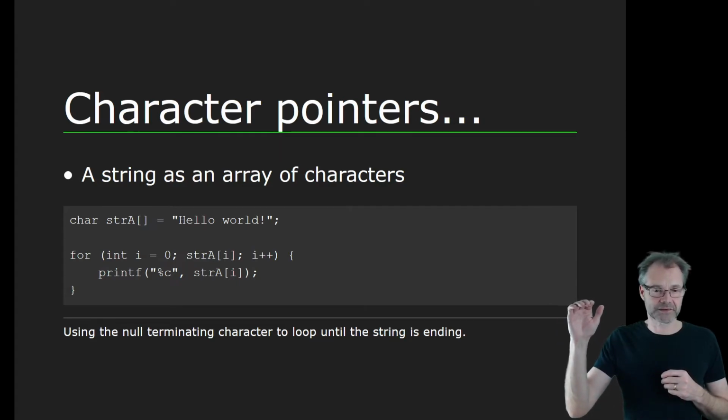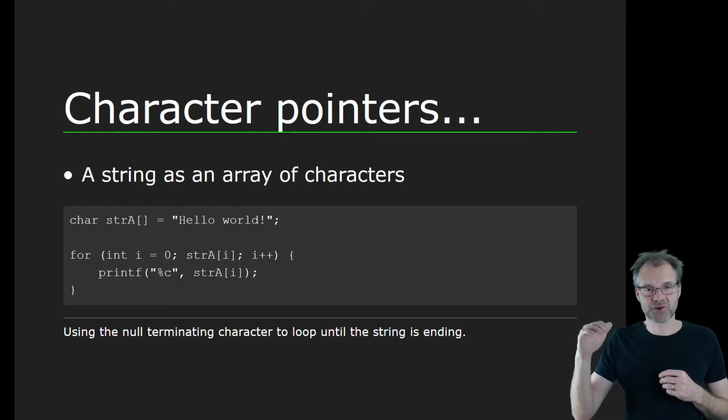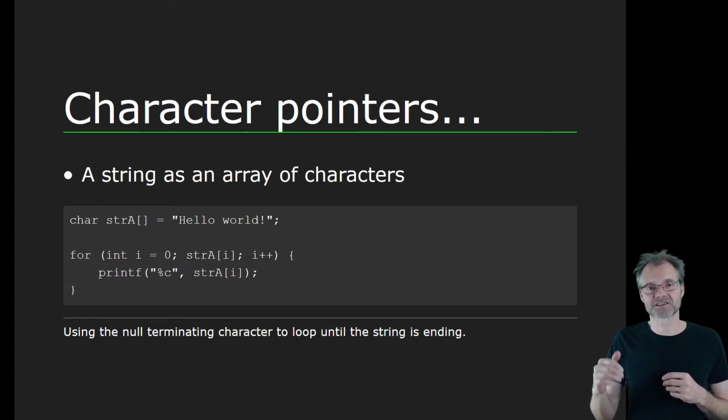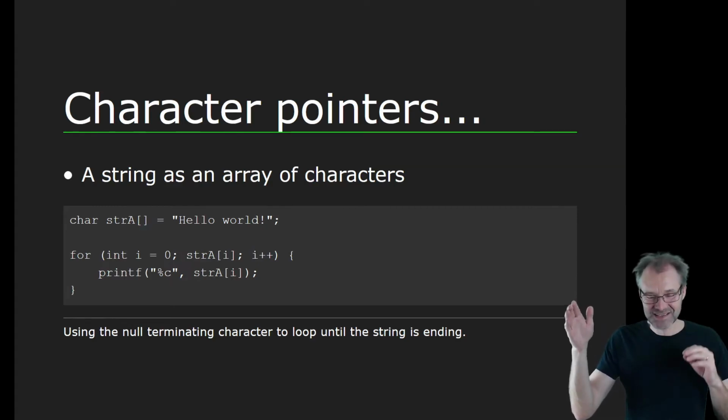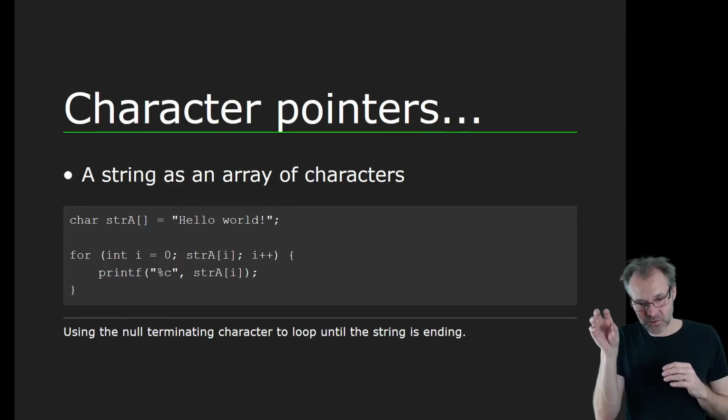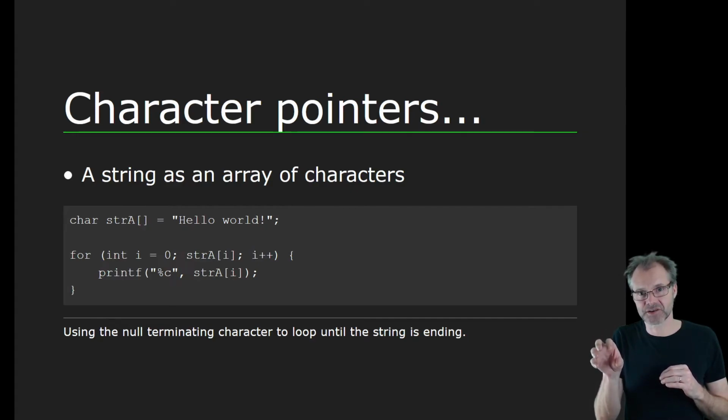You see in the middle there, where the expression is, if the expression is true, you continue in the loop, but when the expression is false, you will leave the loop. So this expression here is string a in bracket i. This is basically checking the value of that specific character, and if that specific character is not 0, not false, then it will continue.